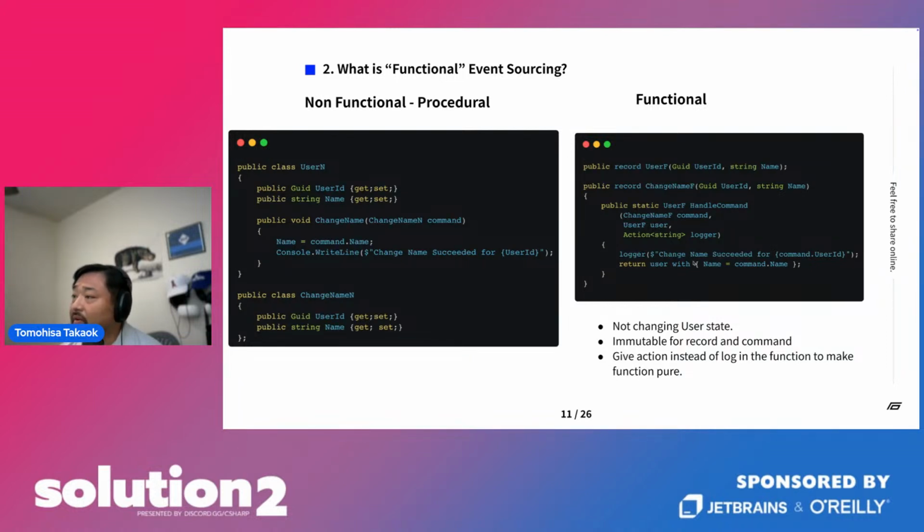User with name is command.name, so it makes a new instance and returns the new data. That's why we focus on converting data. And if you want to do a side effect, like logging, you can pass an action string logger. So you pass the data, and the printing or side effect can be done outside of the functions.